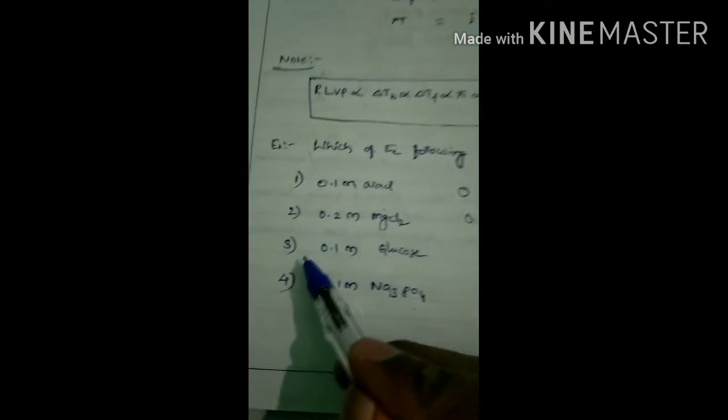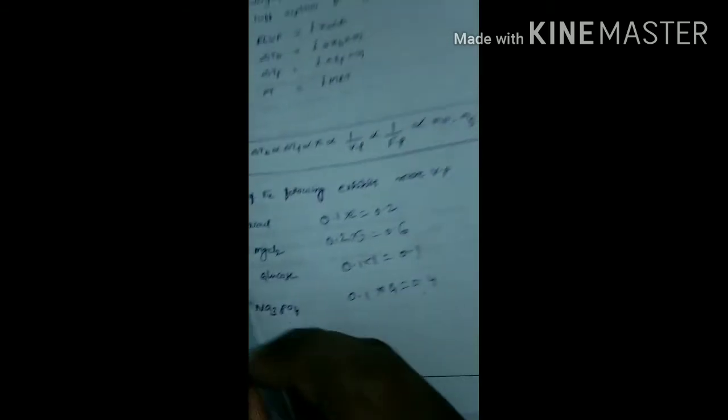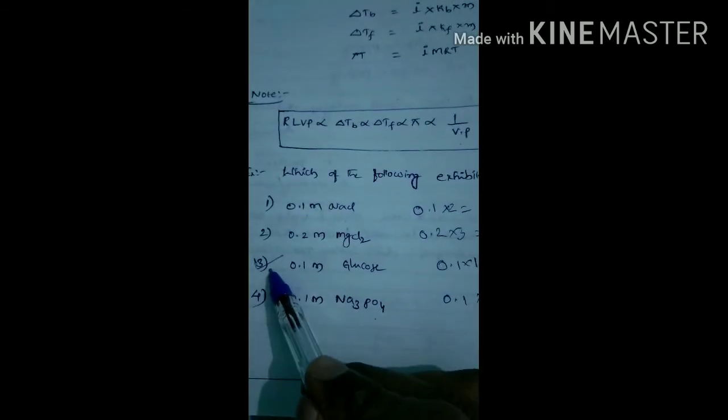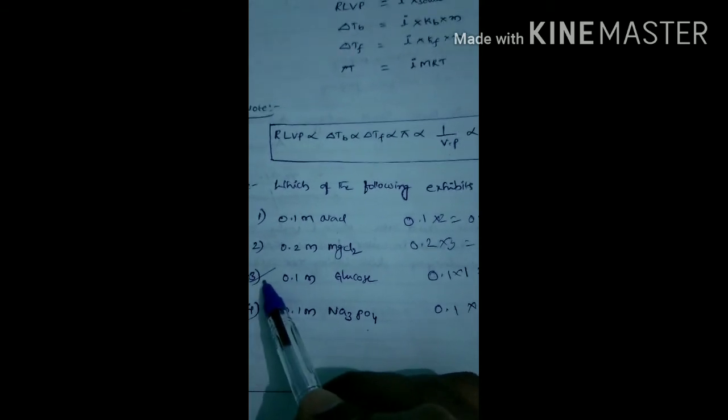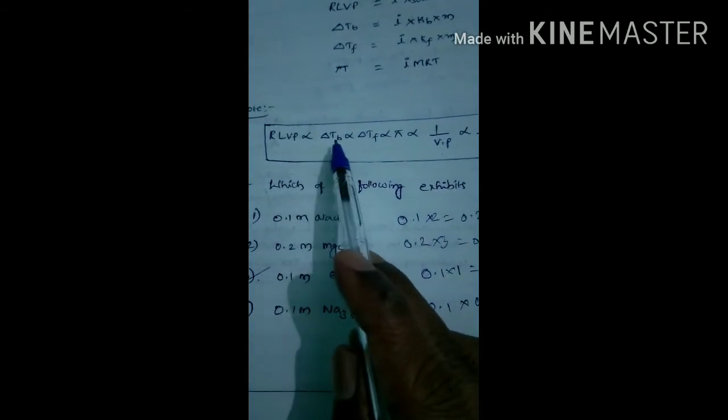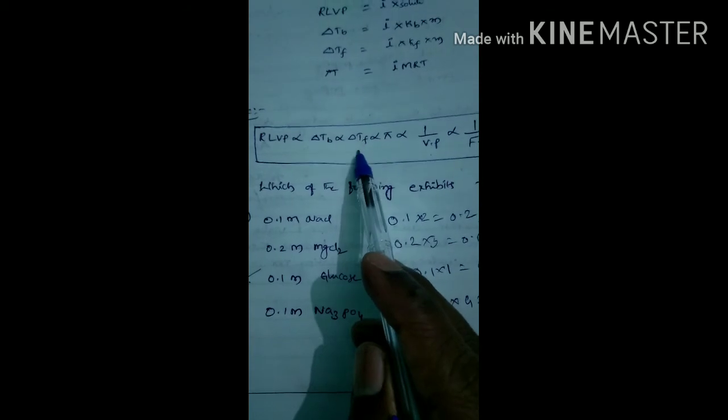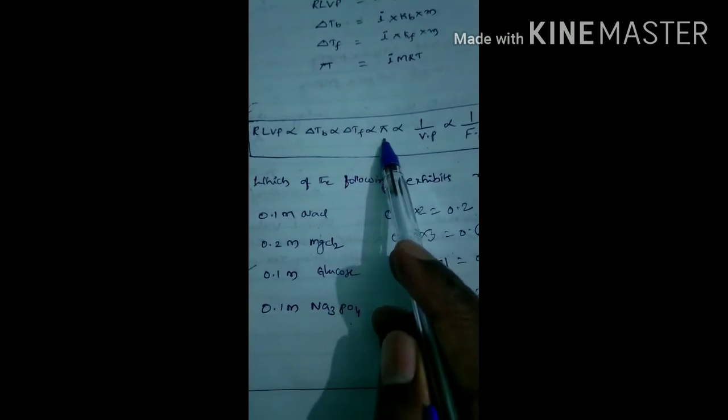So in all these cases, the number of particles is less in the third case. That means 0.1 m glucose. So this compound exhibits more vapor pressure, or we can say that this compound exhibits more freezing point. But this compound exhibits less RLVP, less delta TB, less delta TF, less pi value.